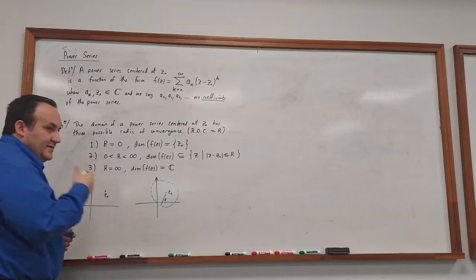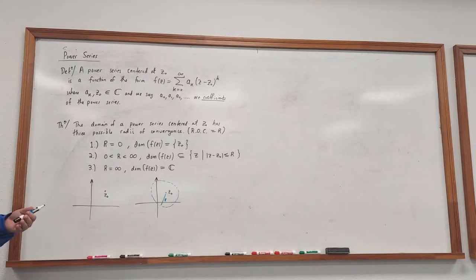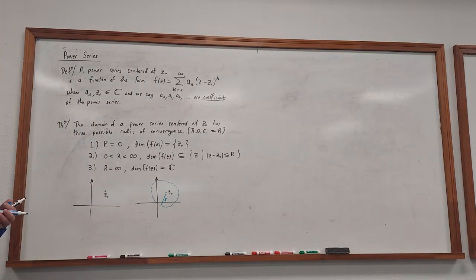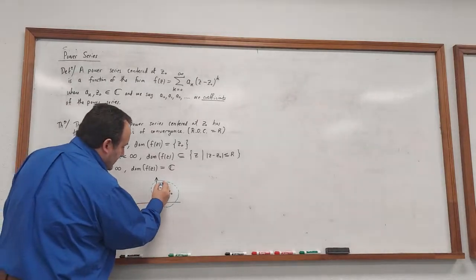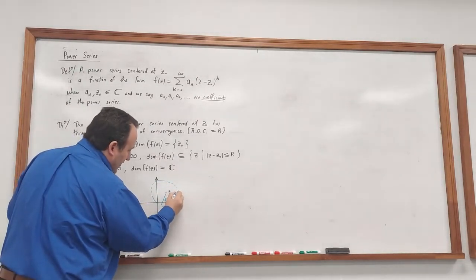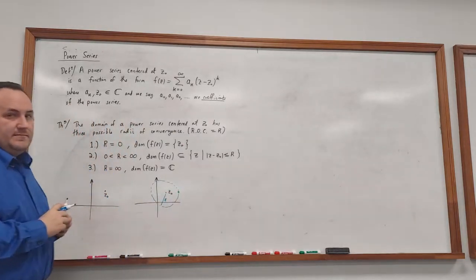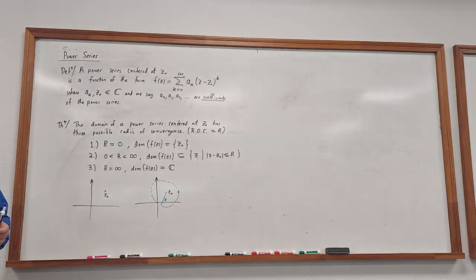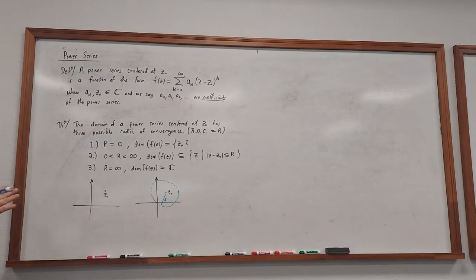So everything inside that disk, everything inside the open disk, is necessarily giving you convergence of the series. However, maybe you only get one point on the edge of the disk in the domain of the function, or all kinds of things are possible.